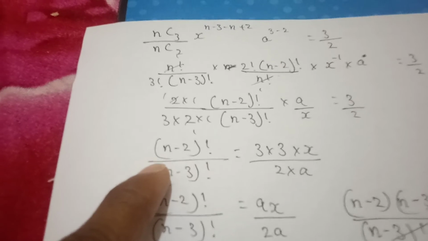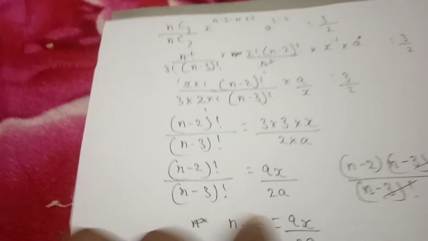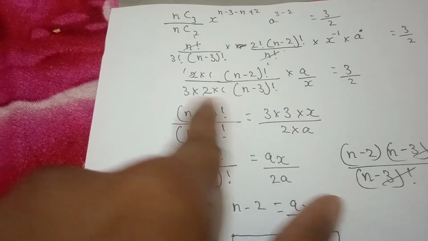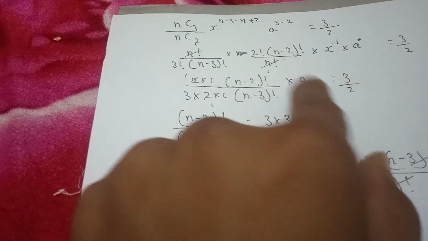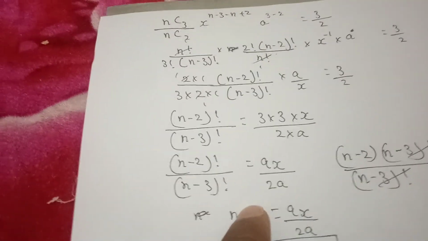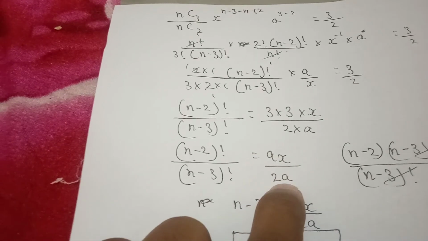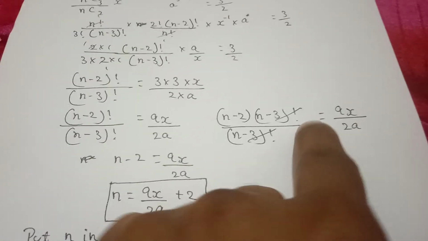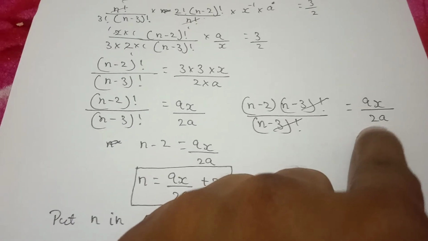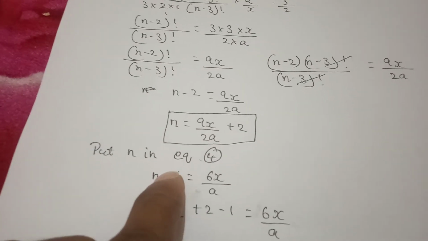Then (n minus 2) factorial divided by (n minus 3) factorial, take the 3 to the other side, x to the top, and a down the side. Then we'll get 9x divided by 2a. After solving it, you will get n minus 2 equal to 9x by 2a.